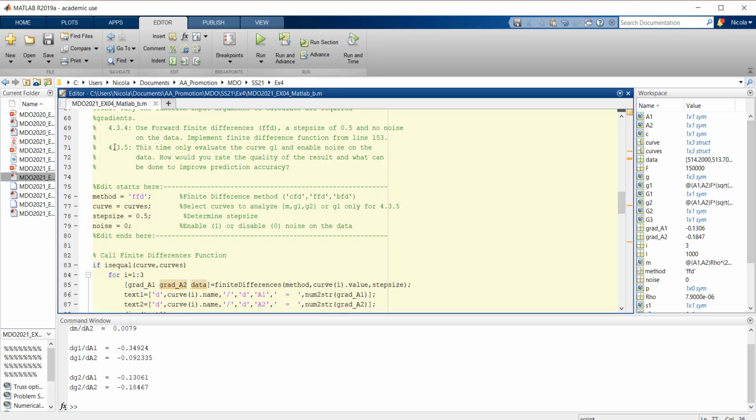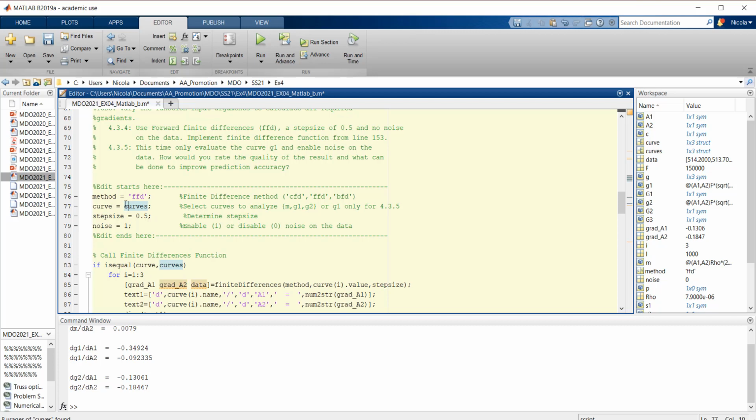Now for 3.5, we add some noise to the input data. So now we got the input data for G1, maybe from measurements or something.